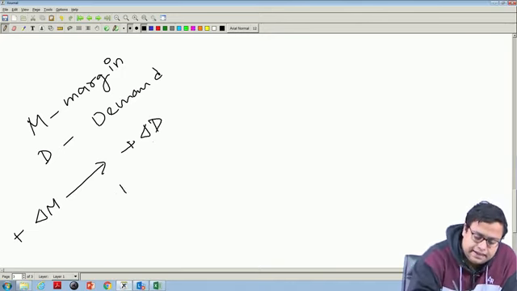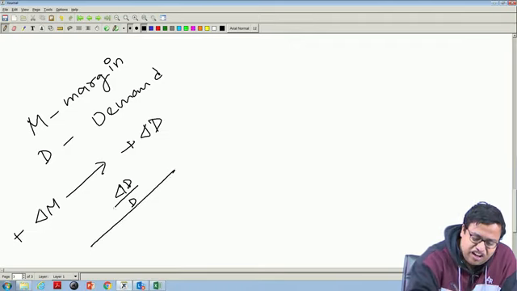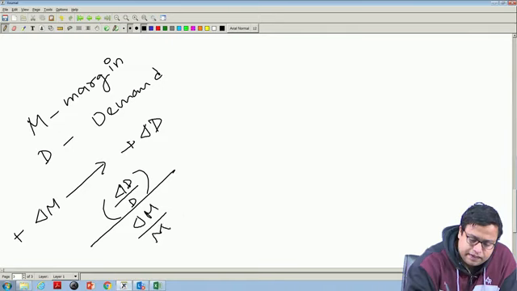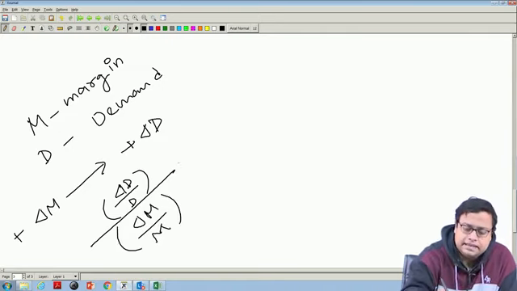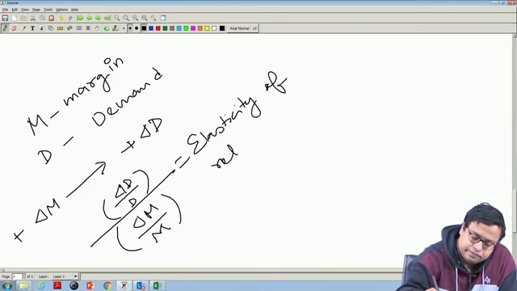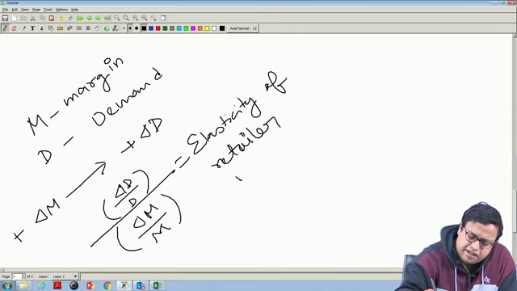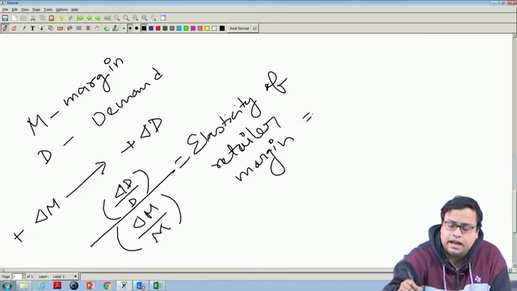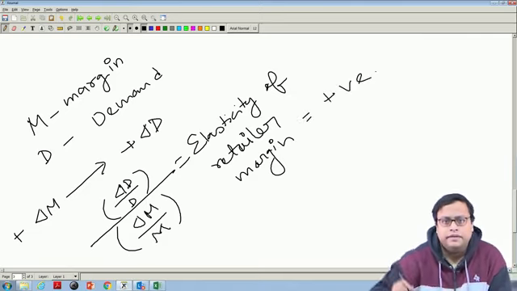That means delta d by d divided by delta m by m, this is the elasticity of the retailer margin. This has to be positive. Fair enough.